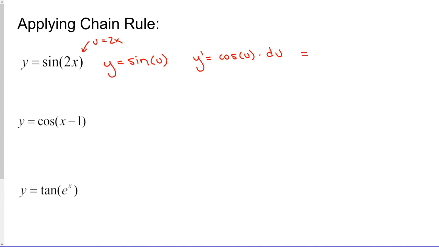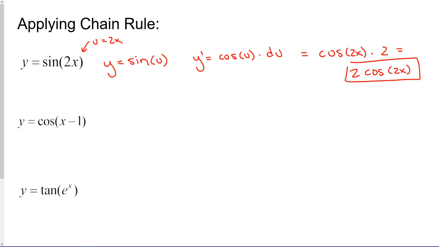So we're going to get cosine of 2x times the derivative of 2x, which is 2, which leaves us with 2 cosine of 2x. And that right there is our derivative.